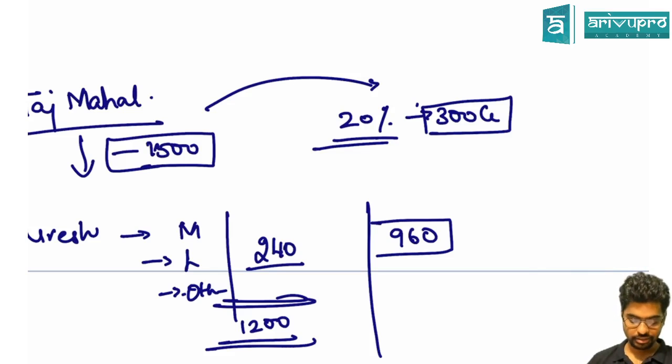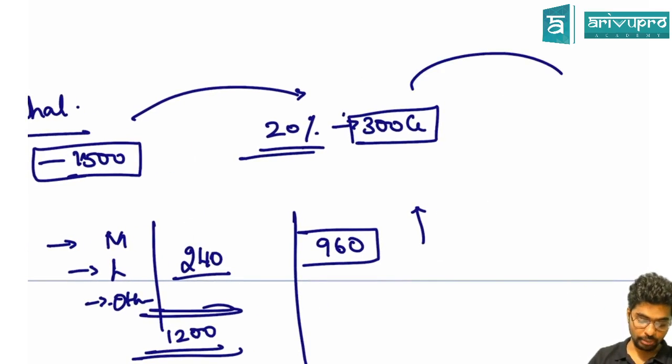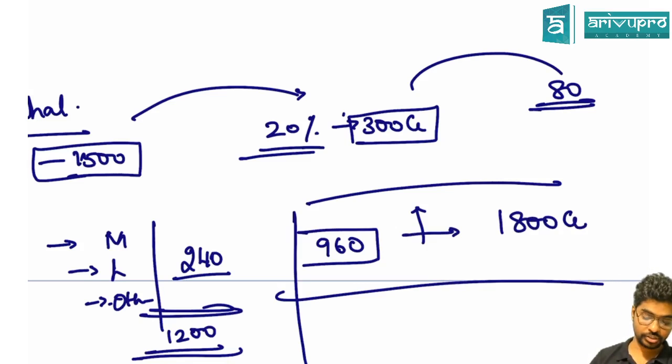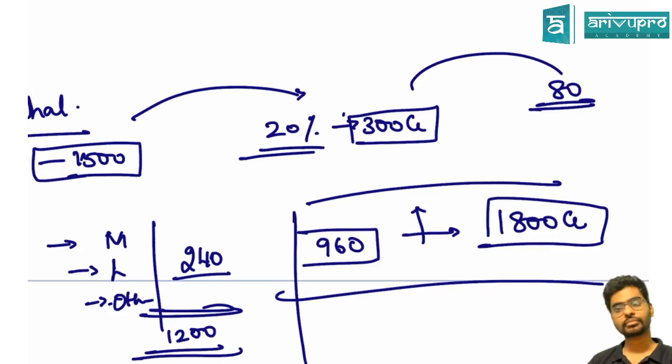What happened? The cost of white marble and labor shot up, and to complete the remaining 80%, the cost became 1,800 crores instead of 960 crores.